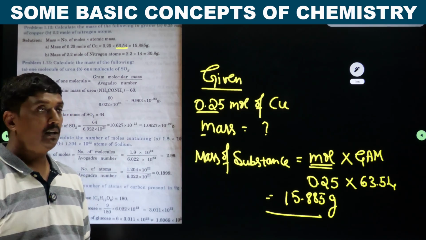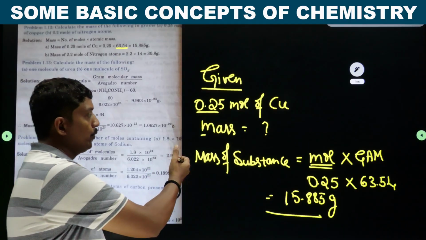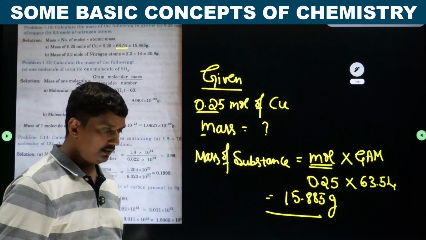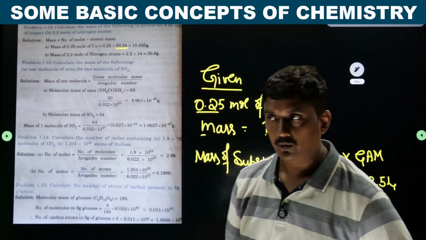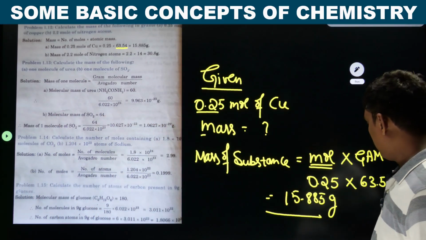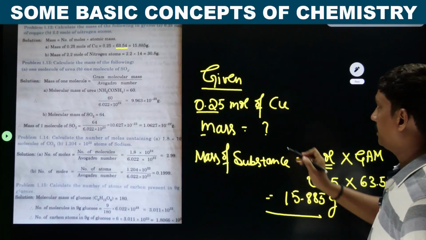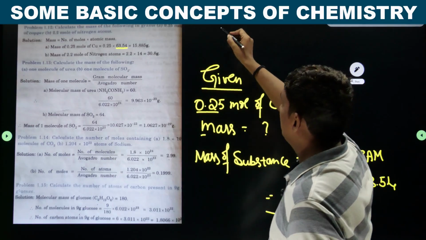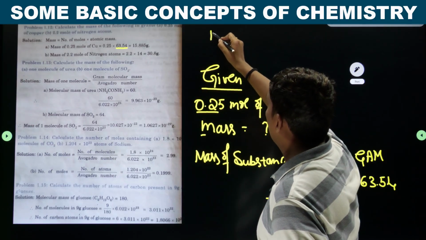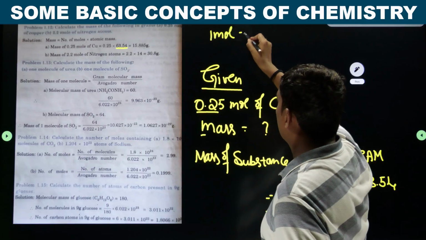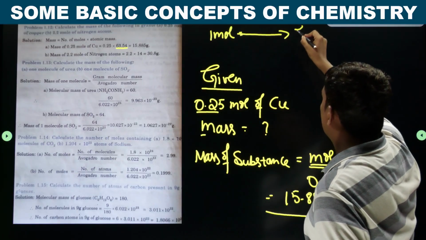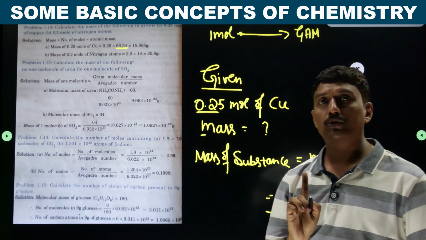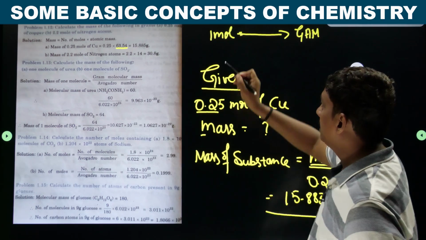This is one method. Suppose you forget the formula, then how to solve? Very simple method. If you don't know the formula, this can be calculated very easily. Look here. We know the standard: 1 mole is equal to the gram atomic mass of the substance.